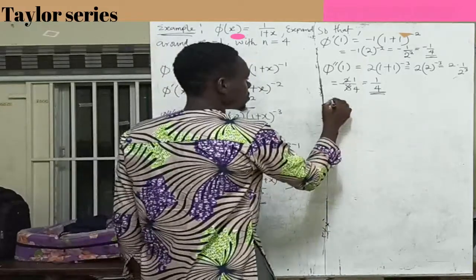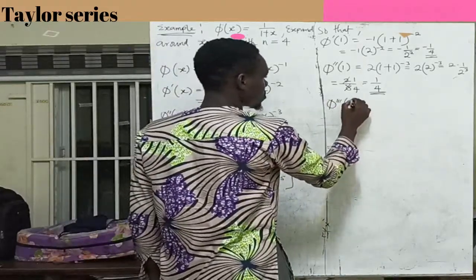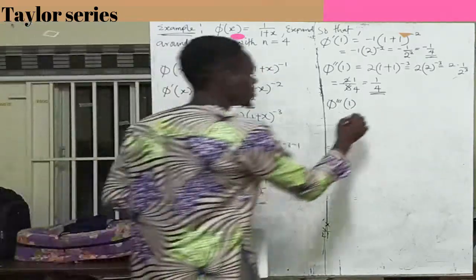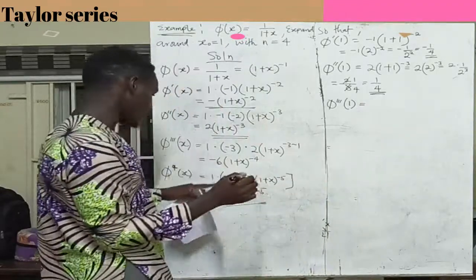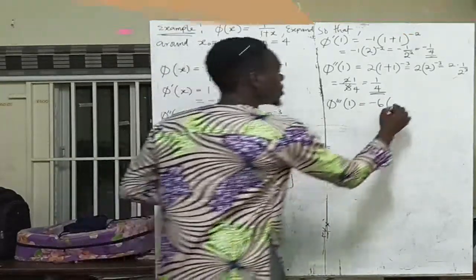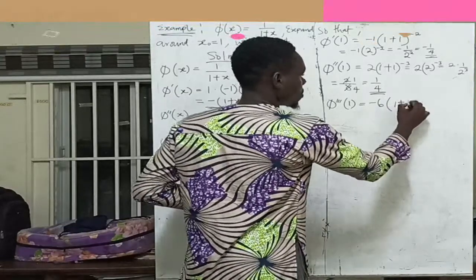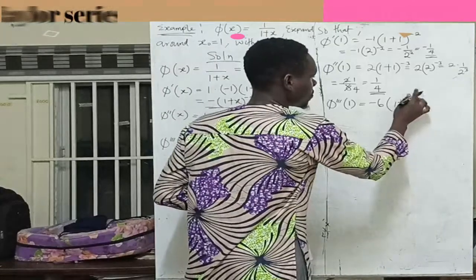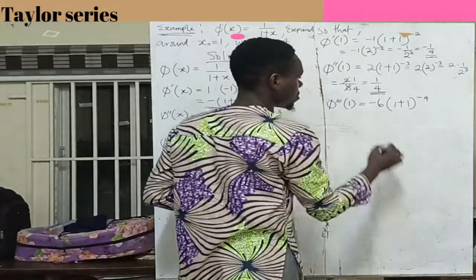Now the third. Substituting 1 into our third order derivative, we have minus 6, 1 plus 1 raised to the power of minus 4.